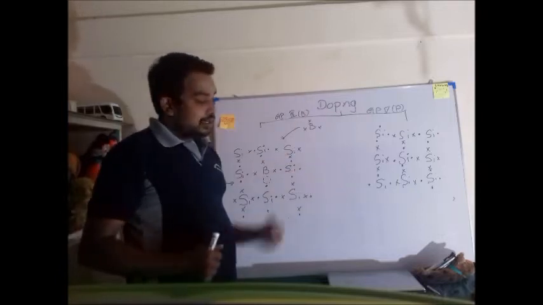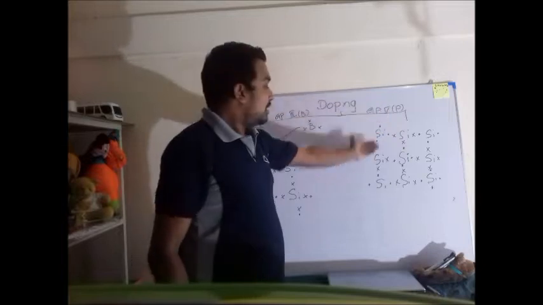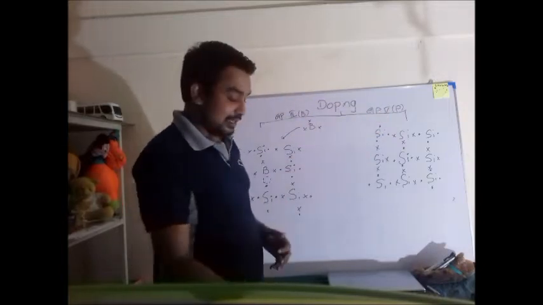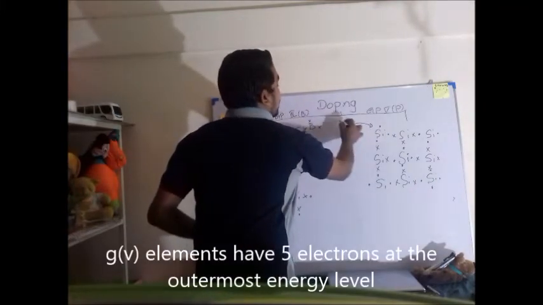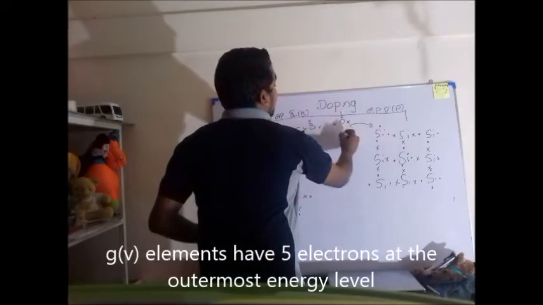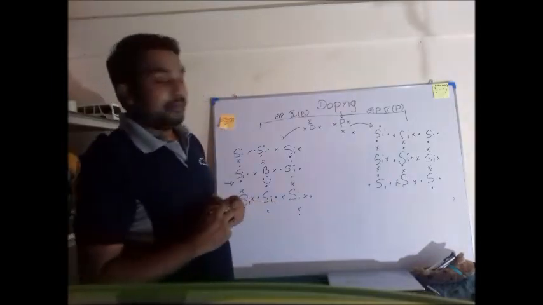Then we go to group 5, doping group 5 elements into the intrinsic semiconductors to form extrinsic semiconductors. Group 5 elements, such as phosphorus, have 5 electrons at the outermost energy level.